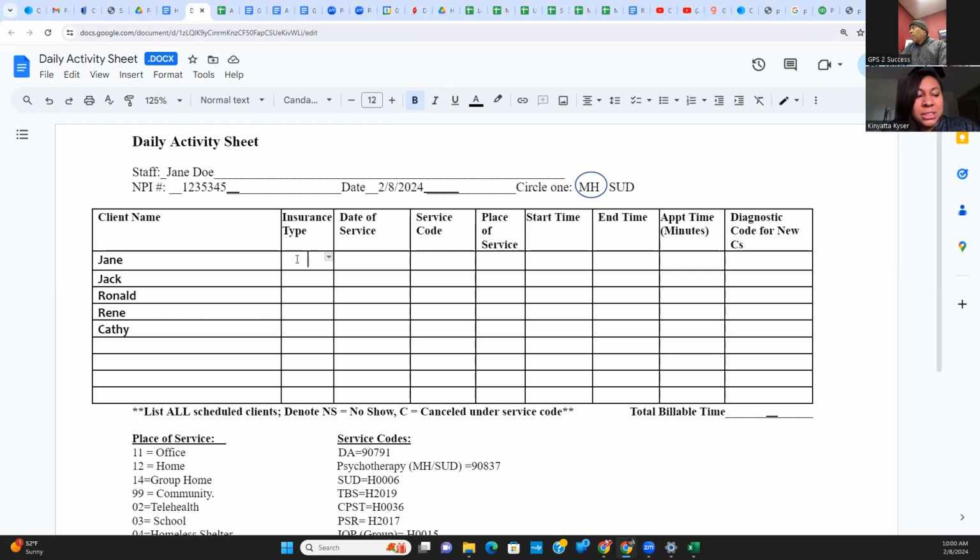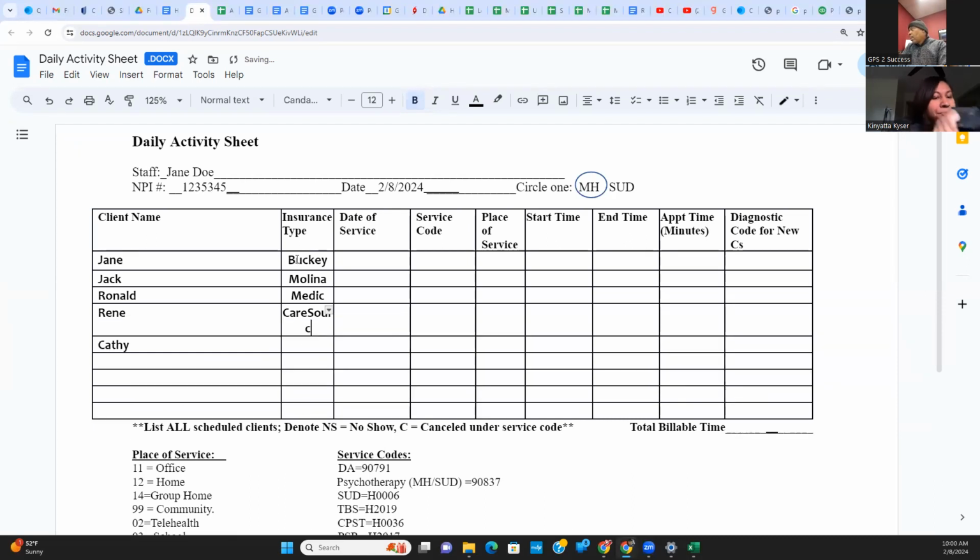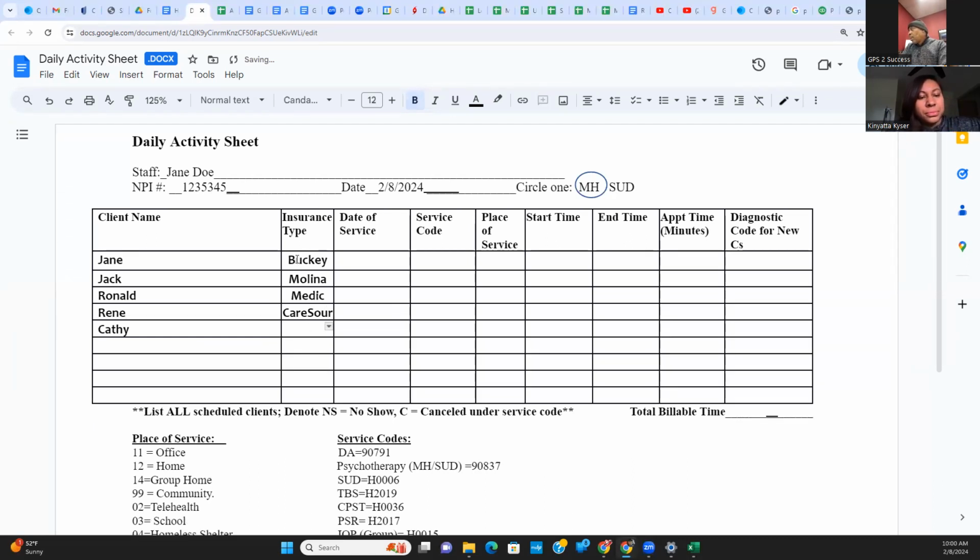Let them sign in, and you will have a list of your clients, so you will know what their insurance is, whether they have Buckeye, Molina, Medicaid, Anthem, Aetna. And then you will put the date of the group. Because this is a group, everybody's date of service will be the same.